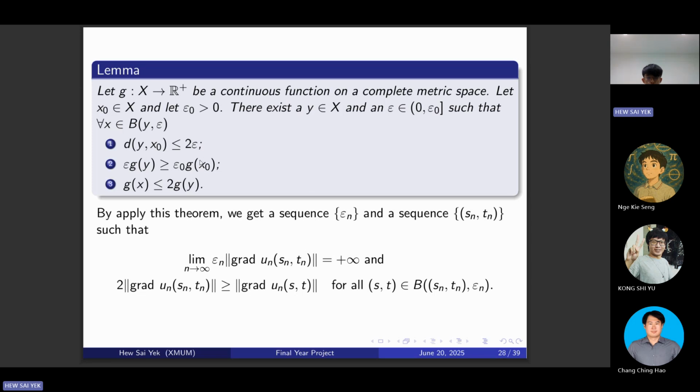We zoom in on the region near the local maxima of the gradient. This lemma gives a way to find the local maxima. By applying this lemma, we get a sequence epsilon_n and a sequence of points such that the following holds.